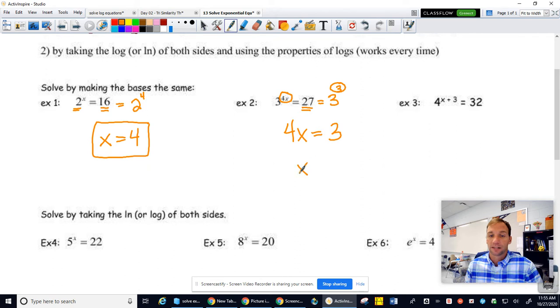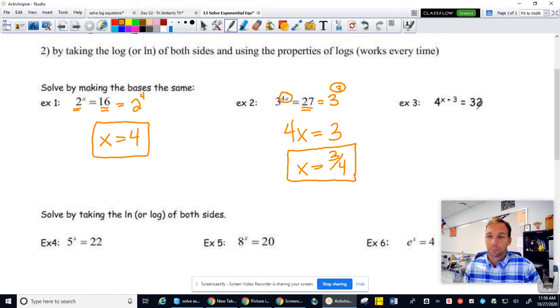Dividing both sides by 4, x equals 3/4. Now remember, the domain of an exponential is all reals. So you can get positive numbers, negative numbers, zero, fractions, radicals, a whole bunch of crazy things. Not with logarithms, logs have to be positive, but exponentials can be anything.